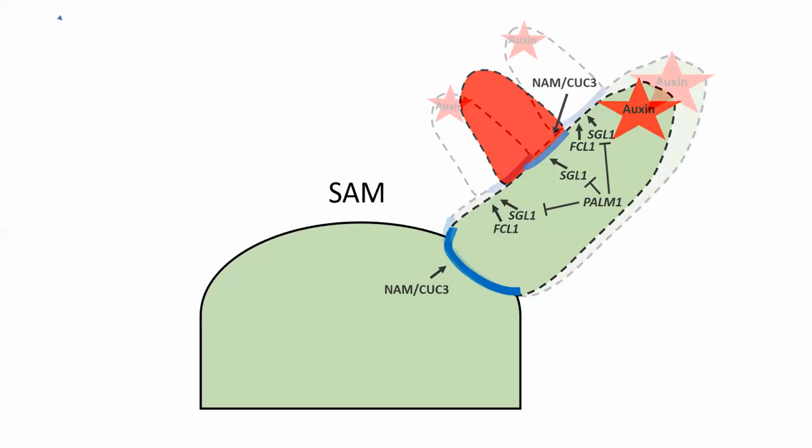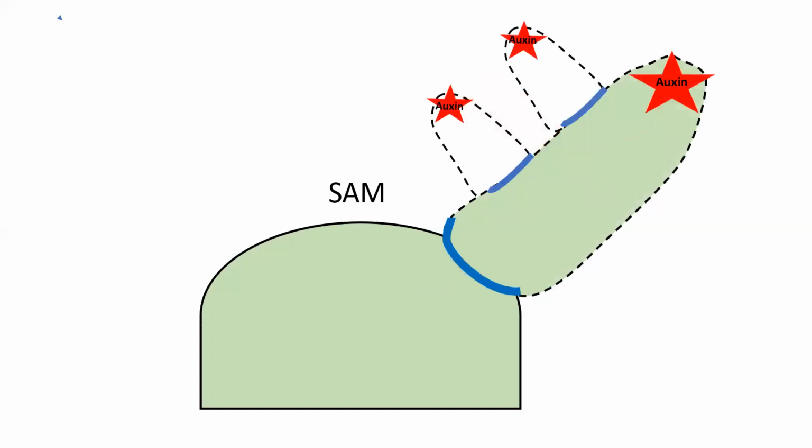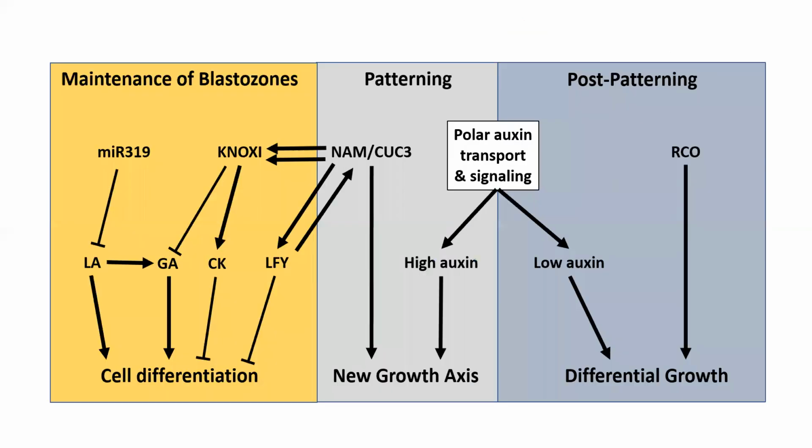Finally, following the lateral blade growth patterning, two main pathways function to promote the separation of leaflets by specifically repressing the growth between them. These pathways include the low auxin response, as well as the expression of the reduced complexity, or RCO transcription factors.